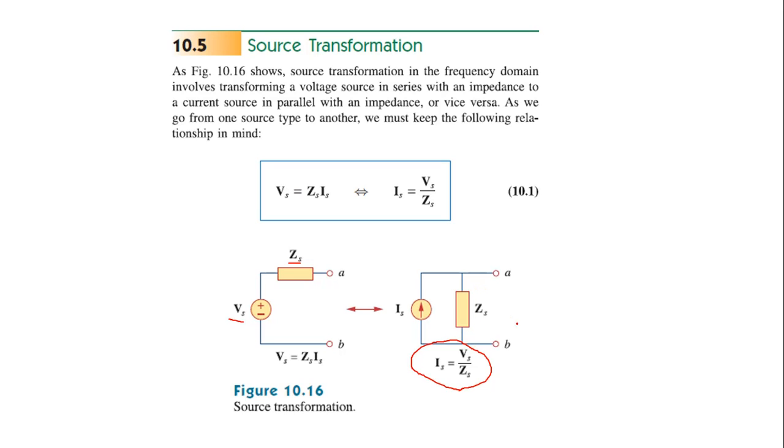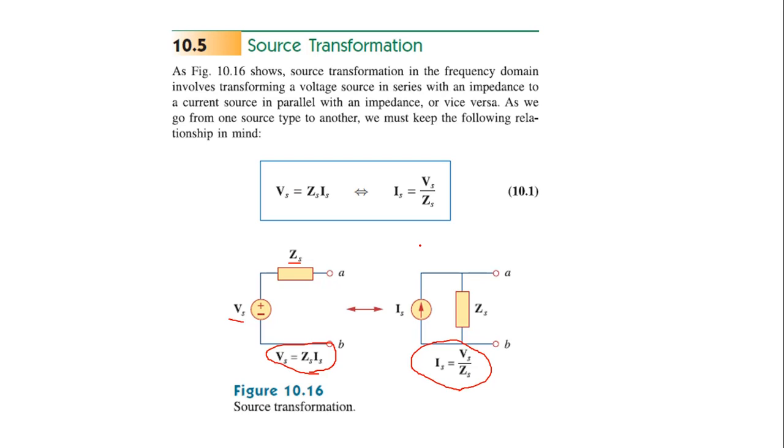Similarly, let us consider that this circuit is given. We have a current source in parallel with an impedance. This can be converted into a voltage source with a value of Vs equal to Zs into Is, which will be connected in series with the Zs.